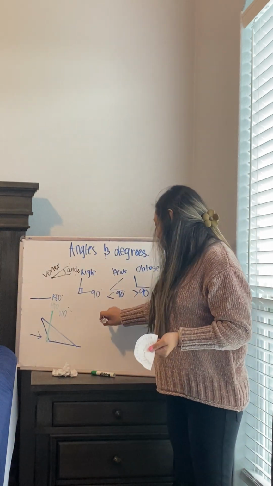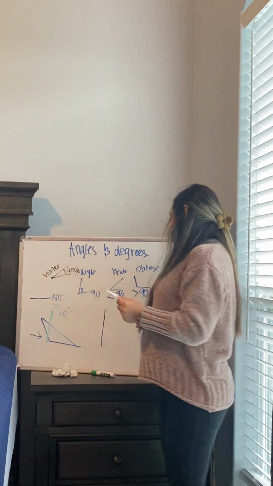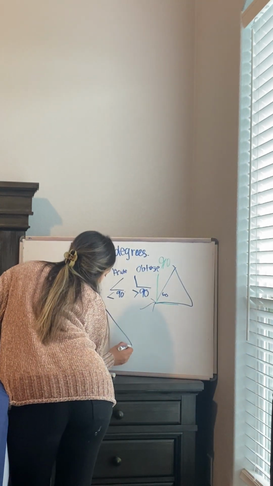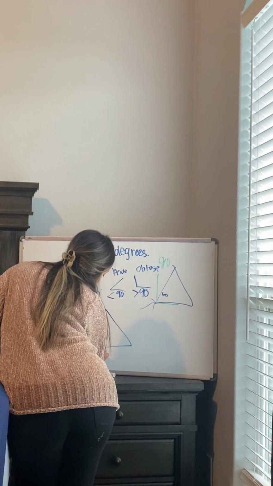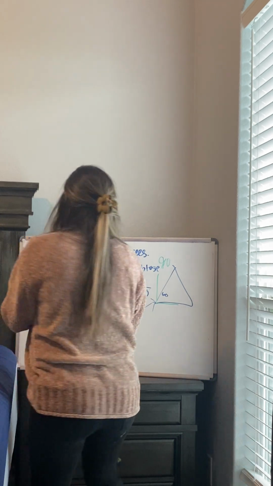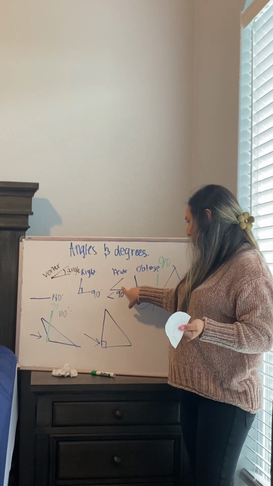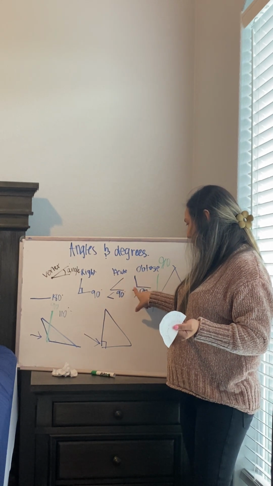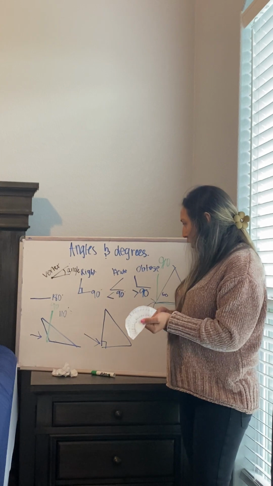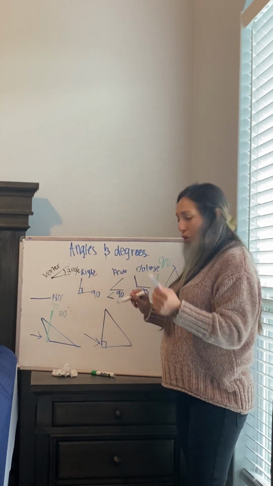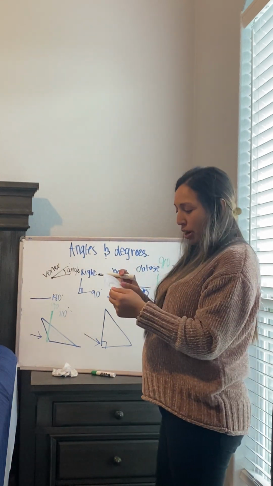Let's try another one. Let's try one that looks like this. Let's try this angle right there, okay? It doesn't really look like it's an acute angle. It doesn't really look like it's an obtuse angle because it's not bigger. It looks just like a right angle, but to be sure, we're going to check with our protractor.